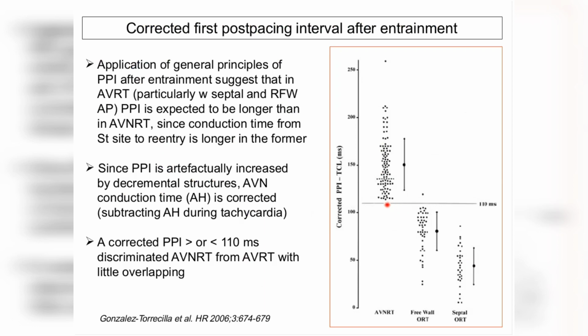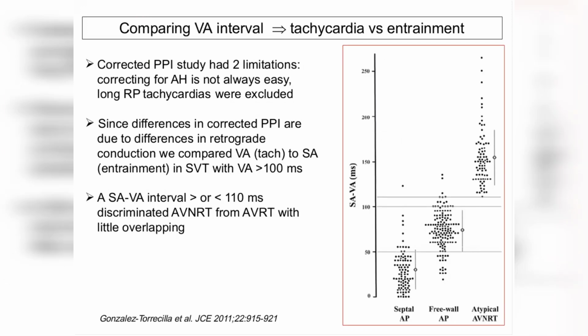Also, and along with this, if we look at the VA interval during pacing and compare to the VA interval during tachycardia, there is also a huge difference. Again, for septal or free wall accessory pathways, shorter difference, less difference, and higher difference for AVNRT. Again, the cutoff is 110 milliseconds.